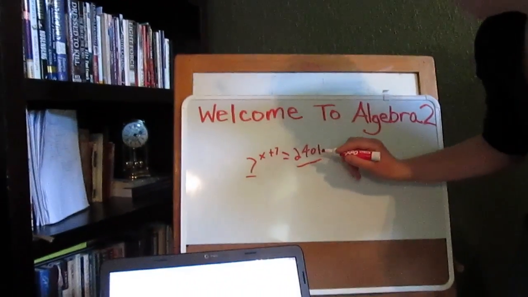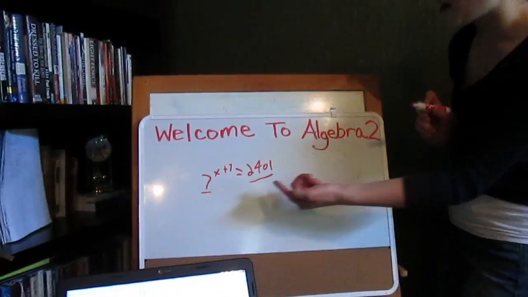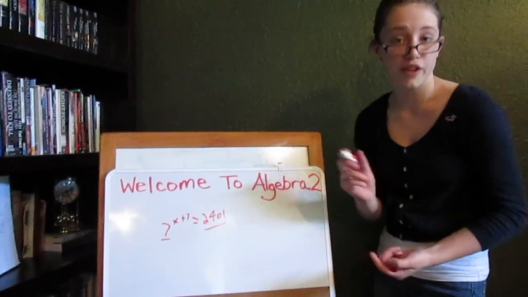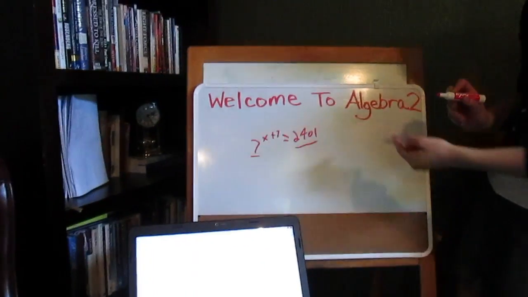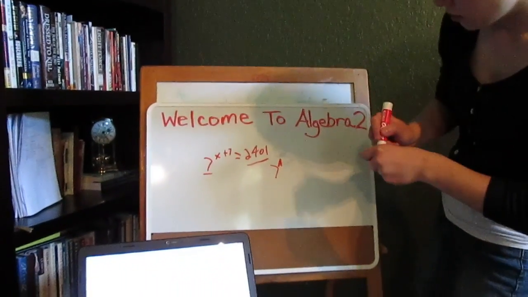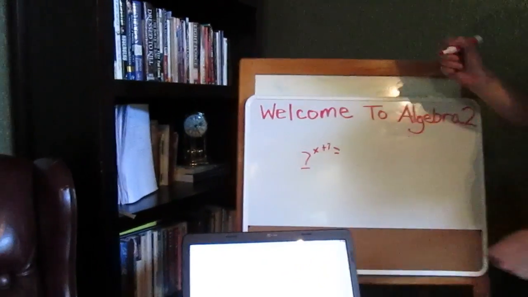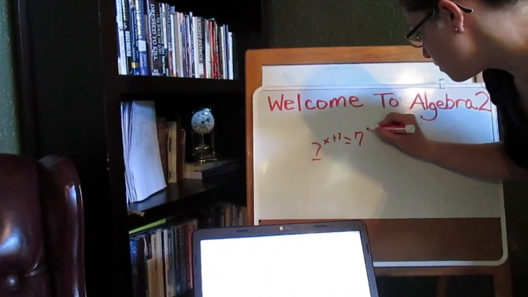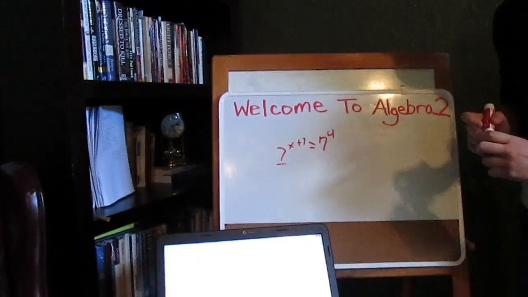To make them equal, you have to see if 2,401 can somehow be turned into a base of 7 with an exponent. It turns out that 2,401 is 7 to the 4th power. So, replace 2,401 with 7 to the 4th power, which is the same as 2,401.